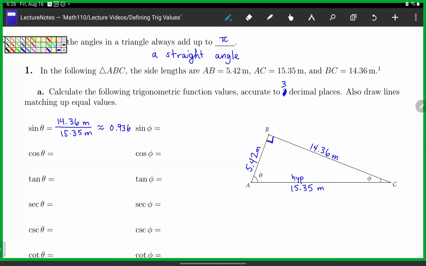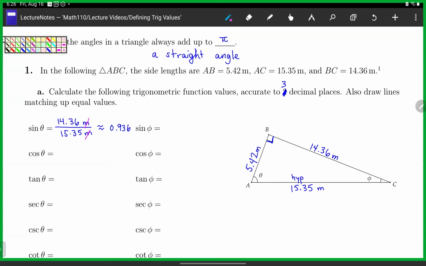And there's no units on here because these meters will actually cancel out. In general, with these trig functions, the units will cancel out. You should have the same unit of measurement in the numerator and denominator so that the units do cancel out. And so what you get is just a pure number ratio.